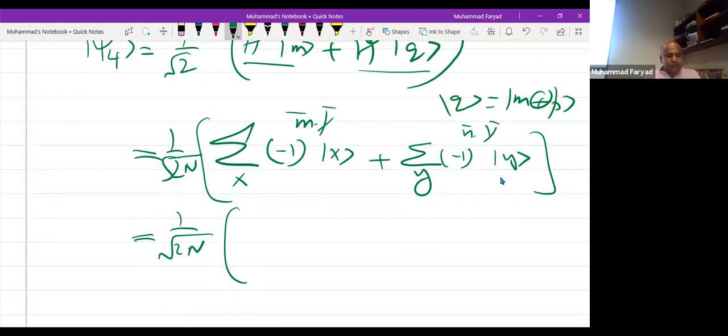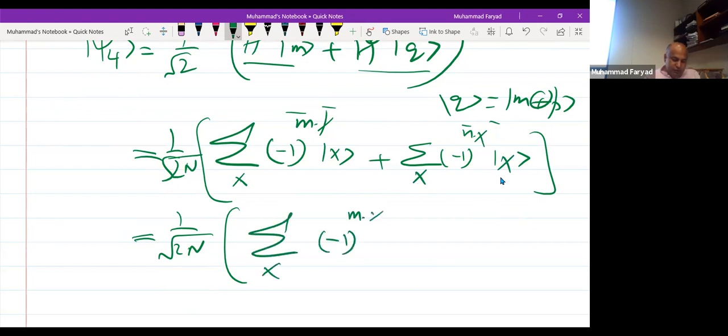Since these are sums of states like minus 1 power m dot 0, 0 state plus minus 1 power m dot 1, 1 state and so on, and this is the same as well, minus 1 power n dot 0, 0 state plus minus 1 power n dot 1, 1 state and so on, I don't actually have to use a different symbol. I can just use the same symbol, let's say x here, and combine them together: sum over x of minus 1 power m dot x plus minus 1 power n dot x, into x.